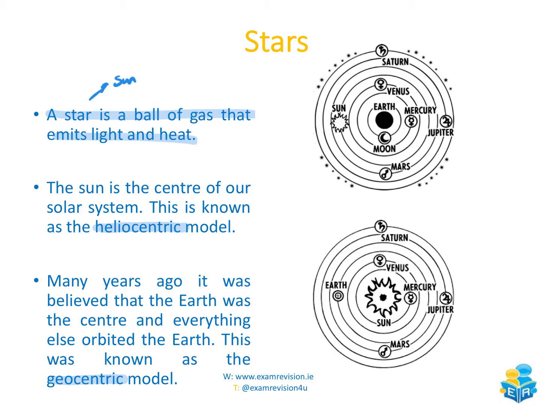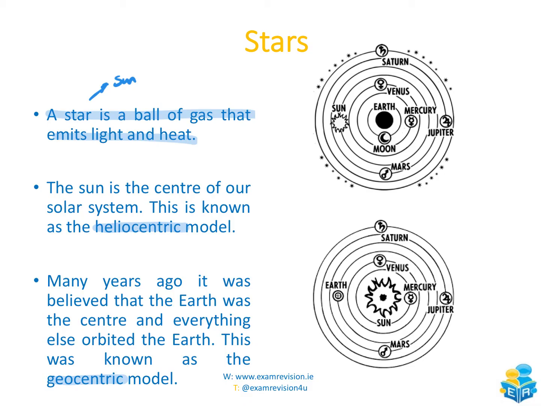But now with advances in scientific discovery and better telescopes and so on, we now know that the sun is the center of the solar system. Everything else orbits around that, including ourselves. Okay, so us and all the other planets, we orbit around the sun. That's the heliocentric model. The geocentric one was the one with Earth. Now, that can be one example of a question which does appear in the final paper.